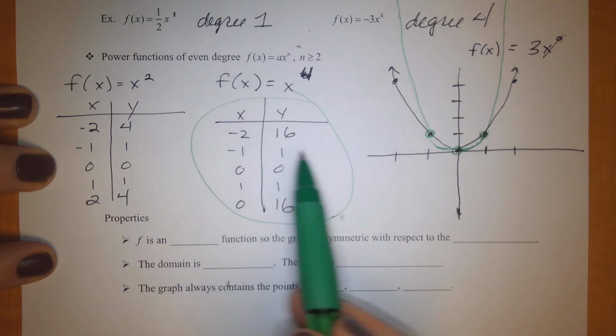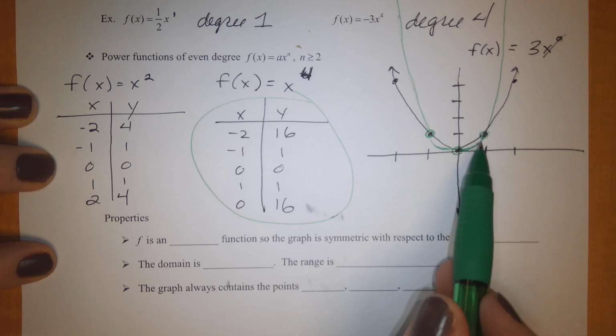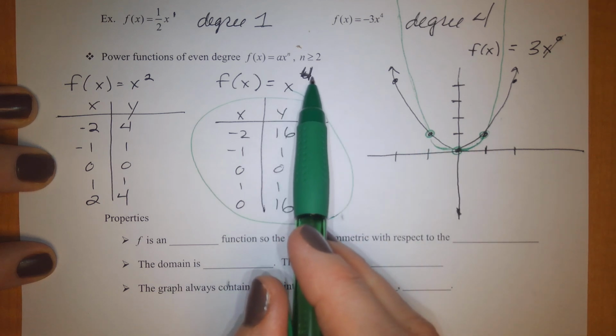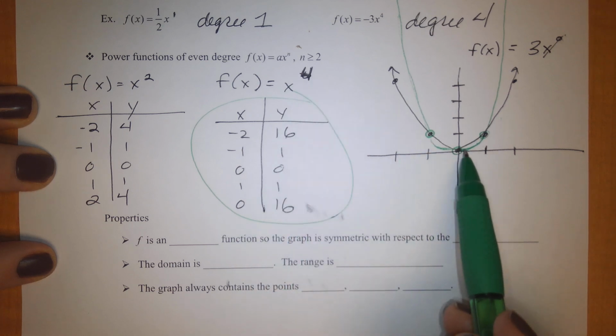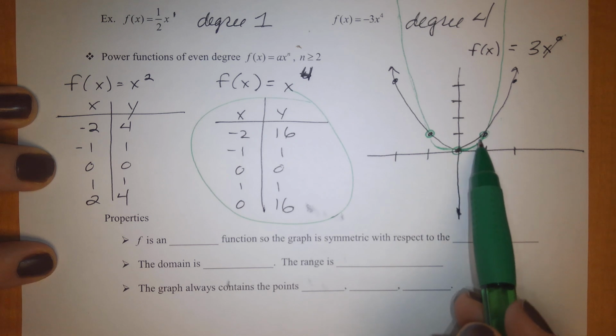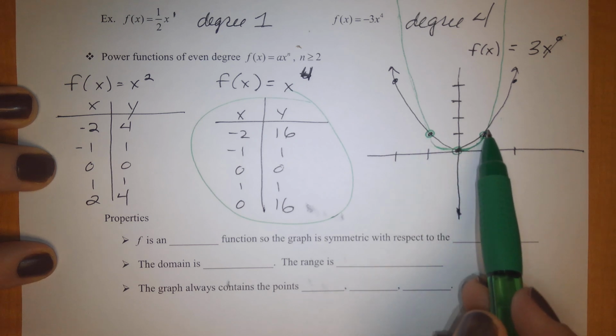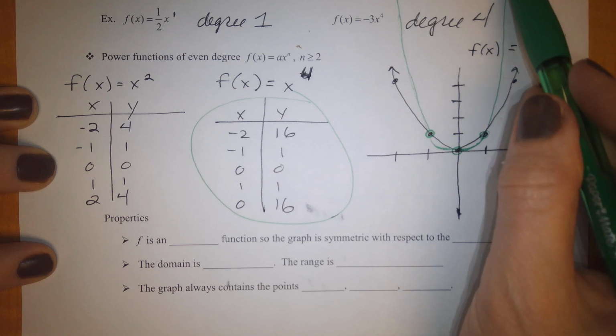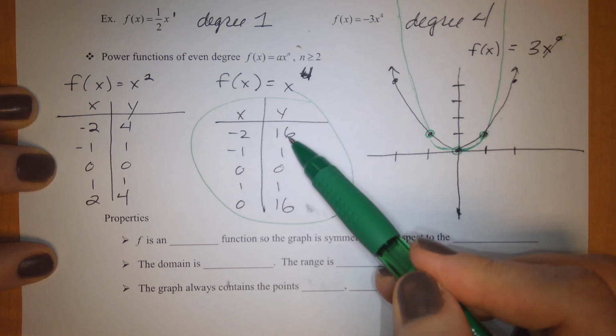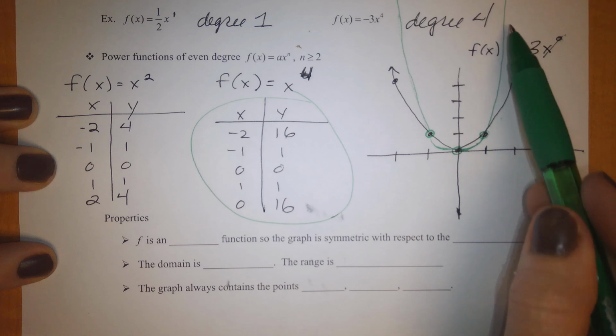Both these graphs have these 3 points in common, but they do behave differently in between. Once the power starts getting bigger, it becomes more flat around the bottom. It starts to hug the x-axis a little bit tighter. It's not as round. And then it shoots up really fast up to whatever its power is, and in this case would be 16. So it shoots up really fast.